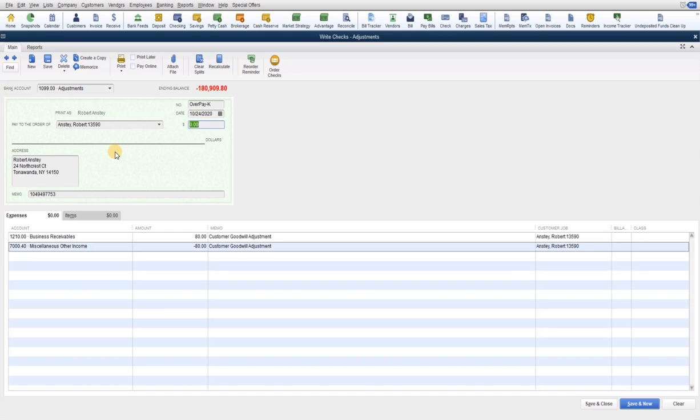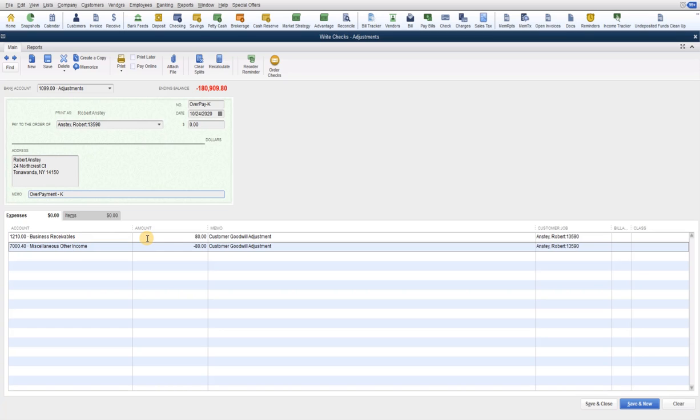Okay, so now what we have here is a transaction. This is called a $0 check. It is going to the adjustment account. We've got the RO number 13590. We've got it marked as overpayment keep. This should just say overpayment keep.